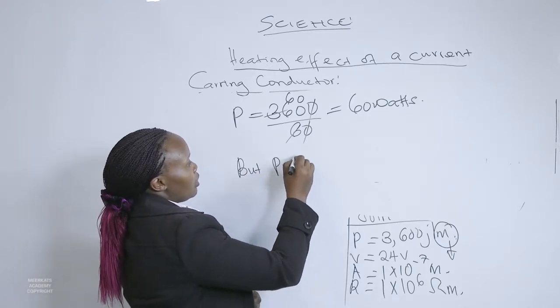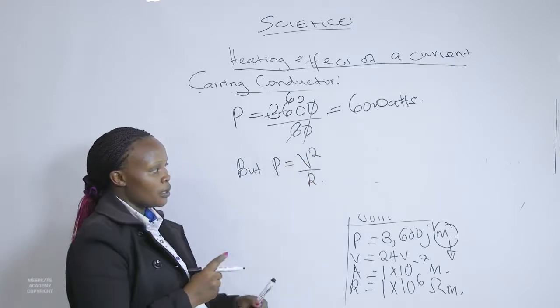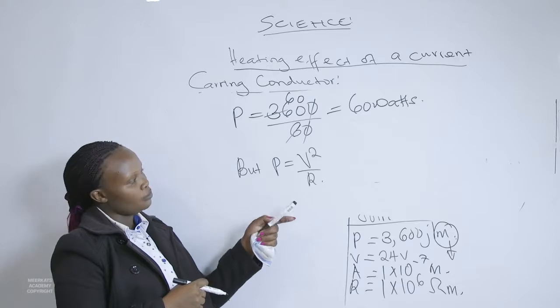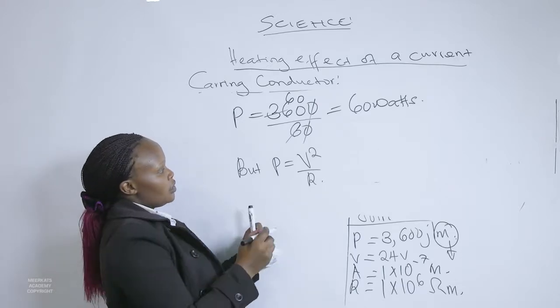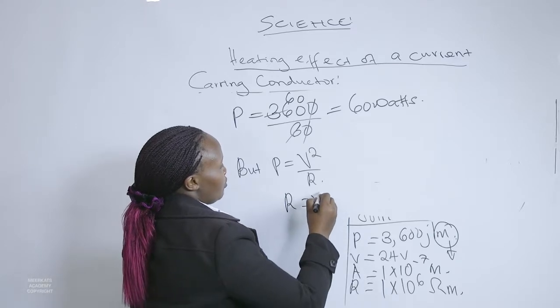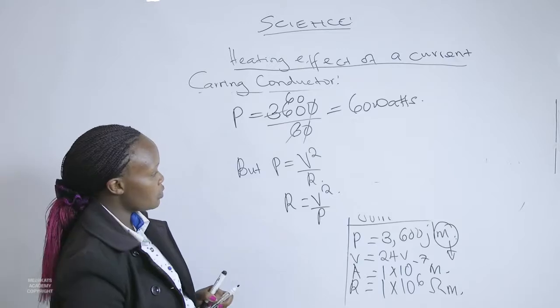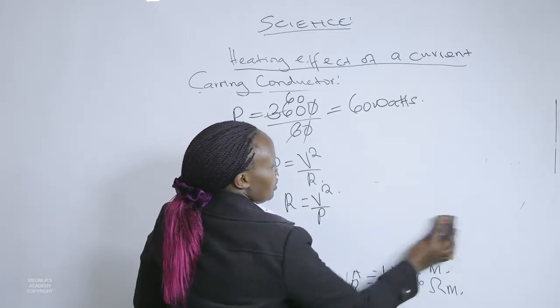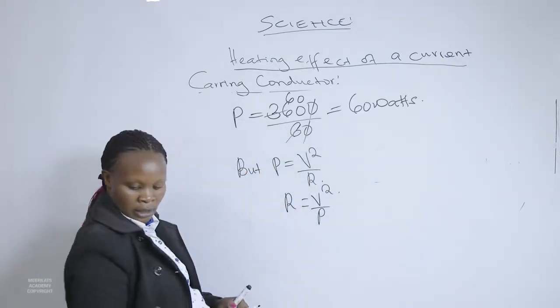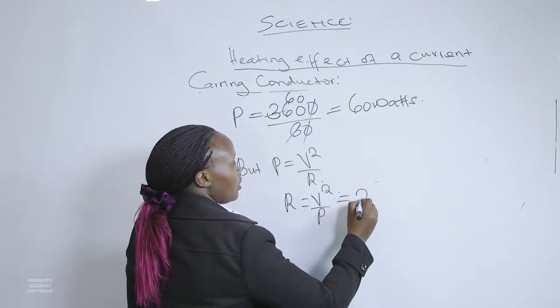But power is given by V squared over R, which means that now the resistance is going to be given by V squared over power. The resistance of the wire is going to be given by V squared over power, and V has been given as 24.